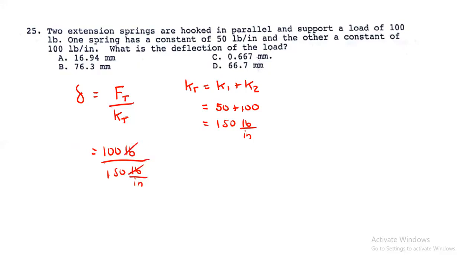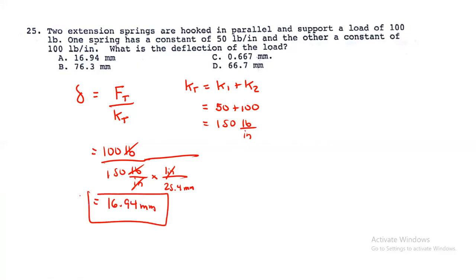So itong inch natin, so mm kasi yung sagot dito. So times 25.4 mm per inch. Para ma-convert natin. Or baliktad pala. Baliktad. So times 1 inch per 25.4 mm. So maka-cancel inch. So ilan to? So sagot dito is 16.94 mm. The answer is letter A.